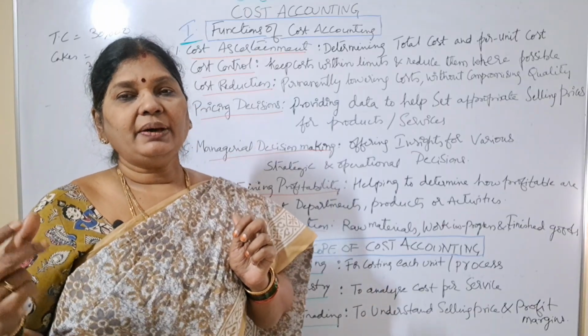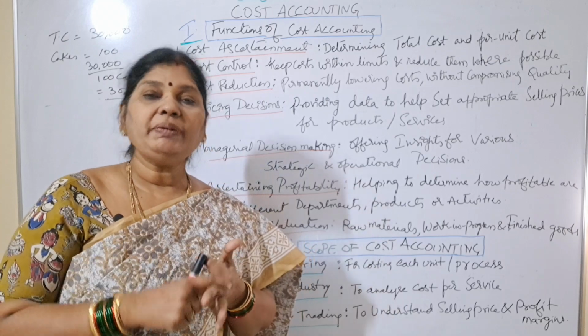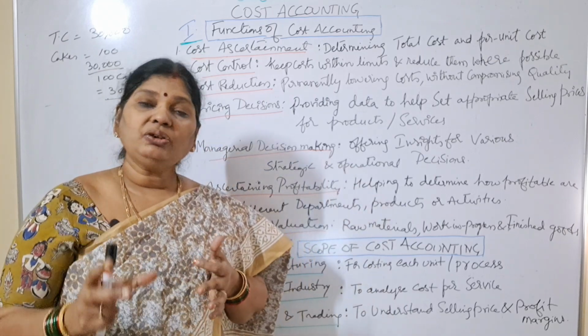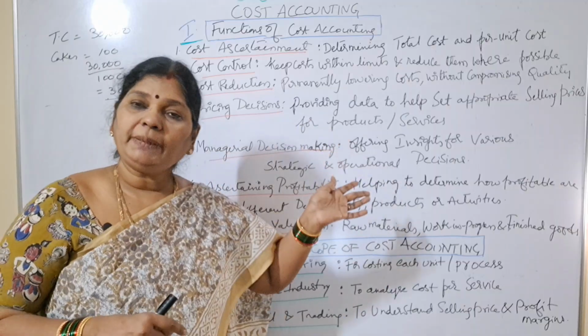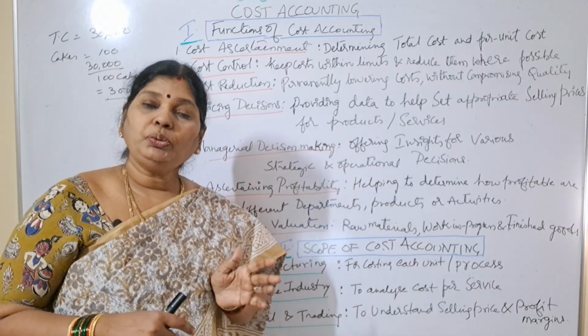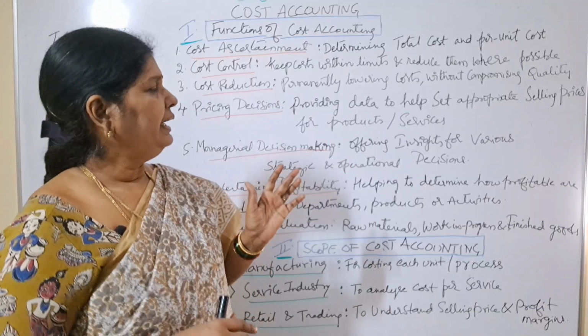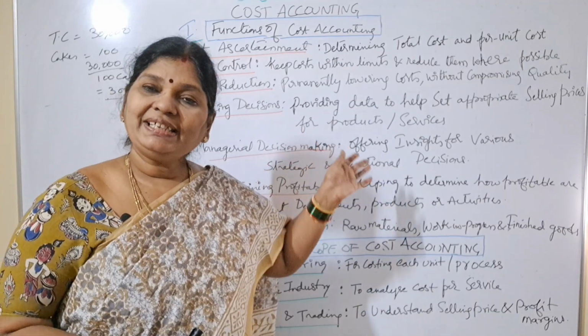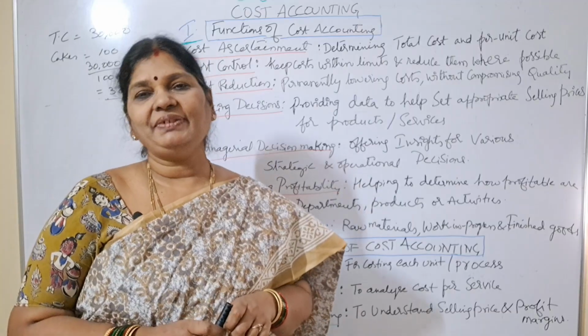Say here, we incur fixed costs, variable costs, semi-variable costs, right? So all the cost data will be provided to the respective departments. They will check the amount of costs they are incurring, and based on that, they will set prices of that particular product or service.